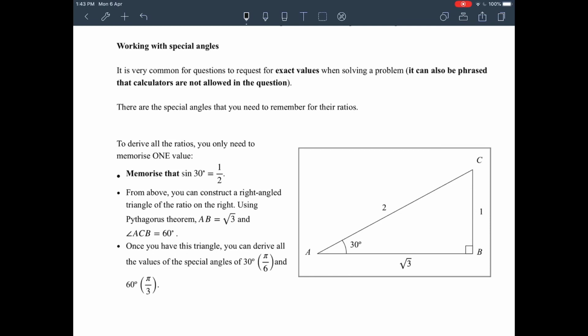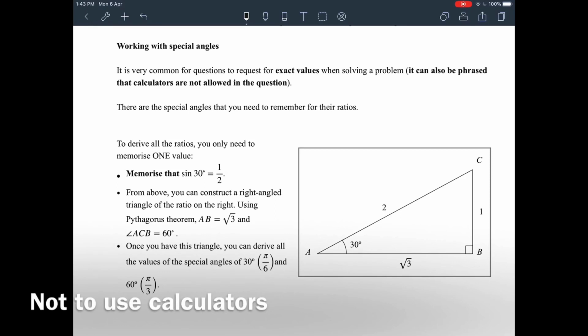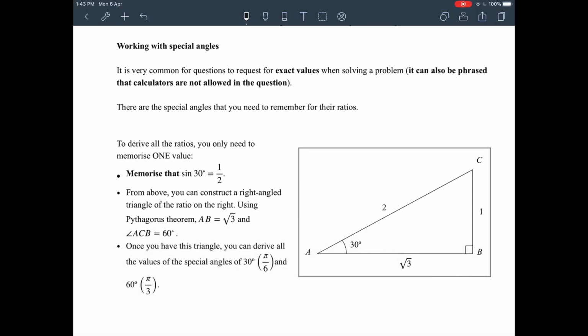Sometimes the questions may ask you not to use calculators to work out the answers, even though you may bring in your calculators for an additional mathematics examination. So in such cases, you know that you will need to express your answers in exact form, which means that you should not use your calculators to determine any of the trigonometric ratios.